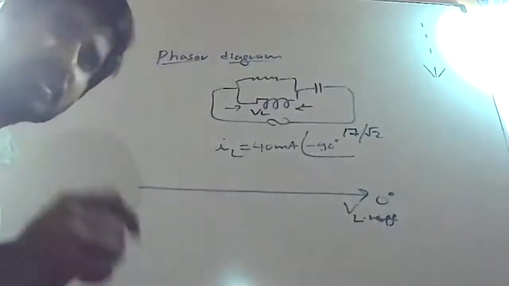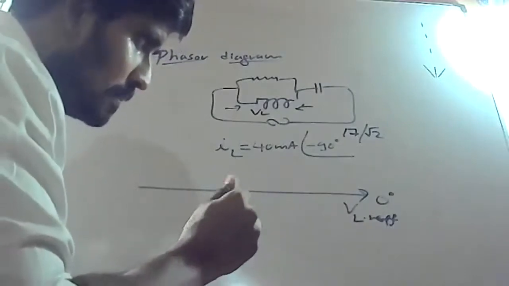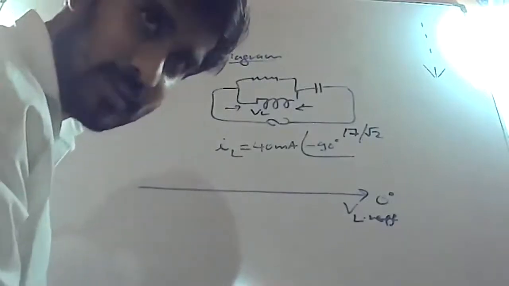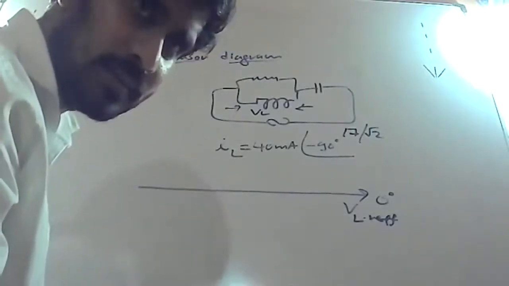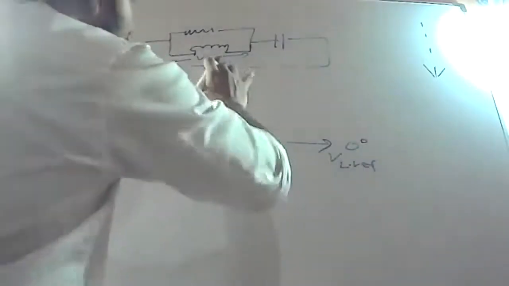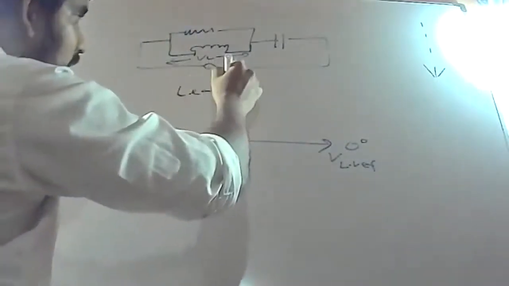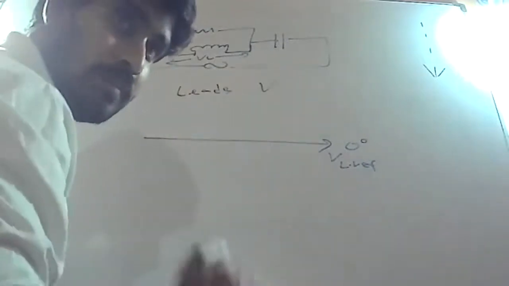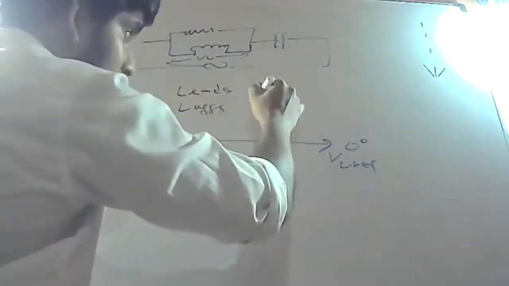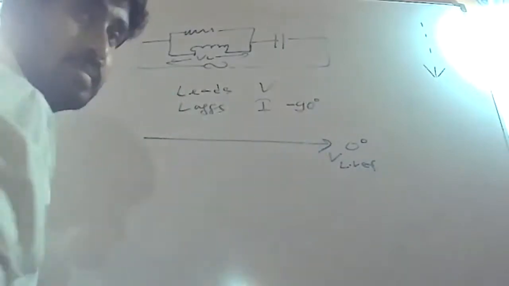Now if I sketch the current, the current through the inductor will be 90 degrees below the voltage, because the inductor lags in the current, or in other words, the inductor leads in the voltage. Now, when we consider a pure inductor, it always leads in voltage, and a pure inductor always lags the current, by 90 degrees, right?